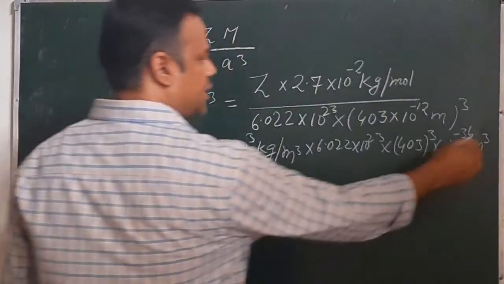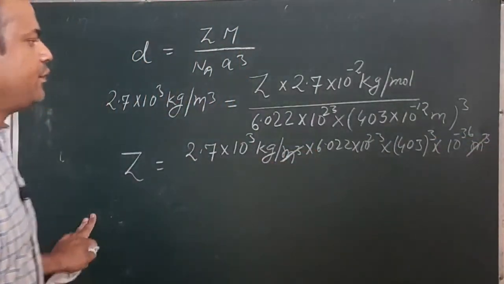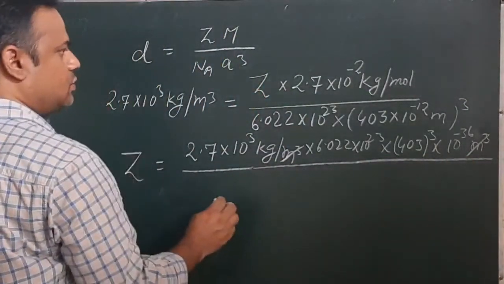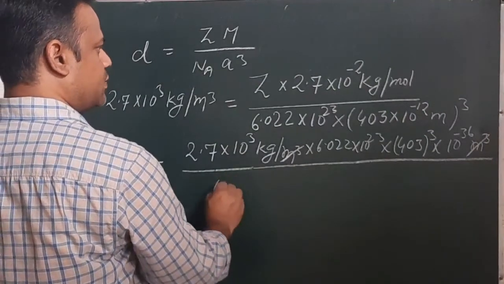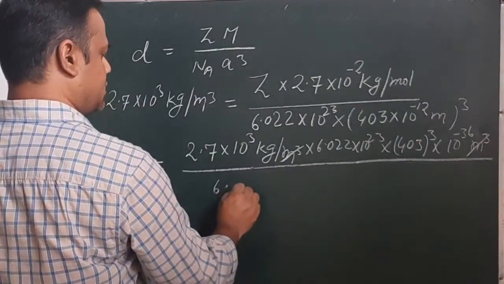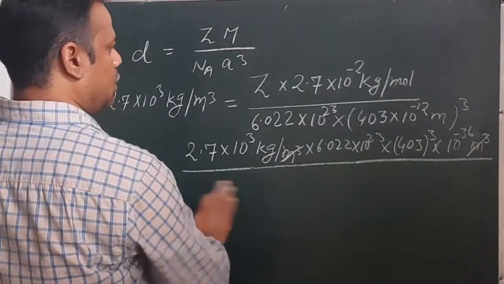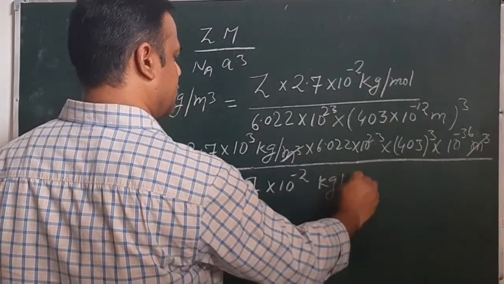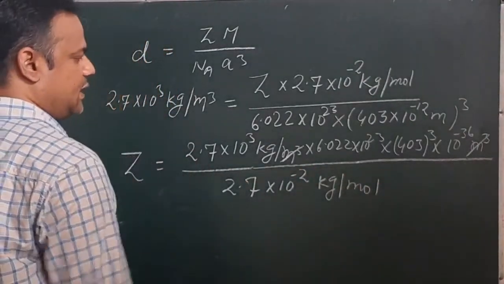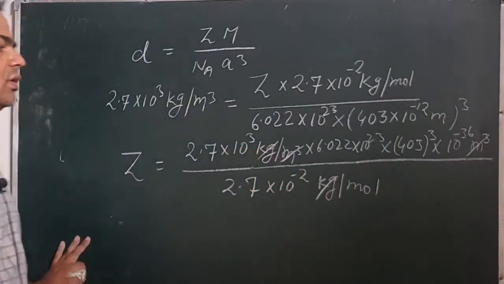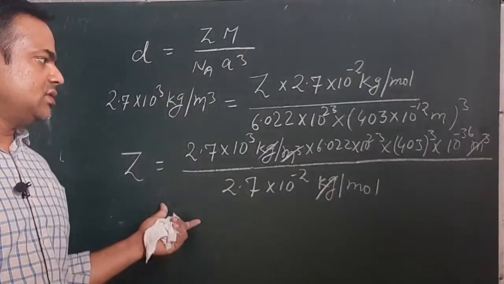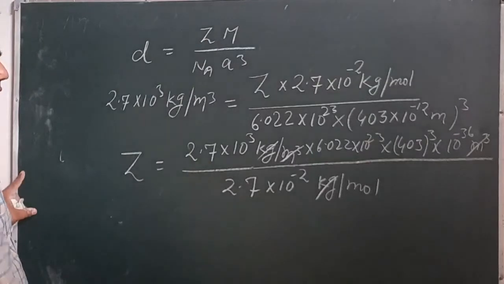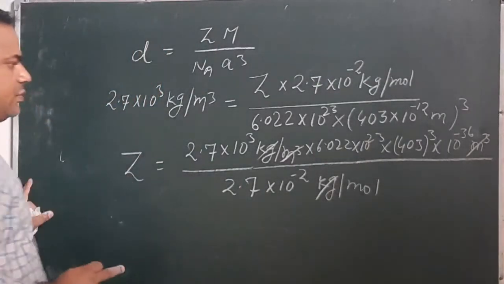You can see here this meter cube and meter cube will cancel out, divided by this molar mass value, that will be equal to 2.7 into 10 to the power minus 2 kilogram per mole. So from here we can see this kg will cancel out. So all units are cancelled out, and we know that mole is a unitless value, so Z will come out unitless, that is a number. Mole is a number, similarly Z will also be a number.